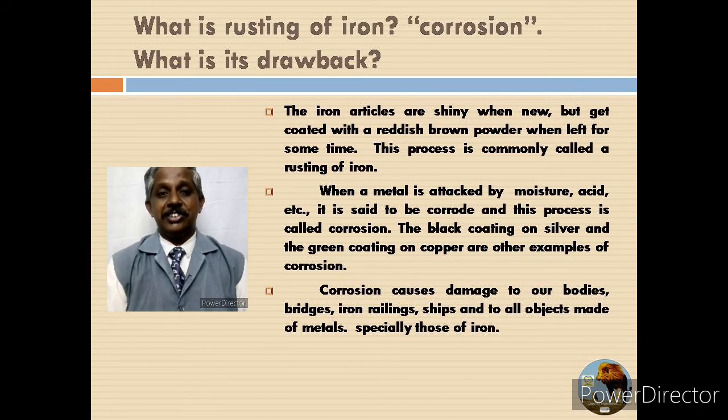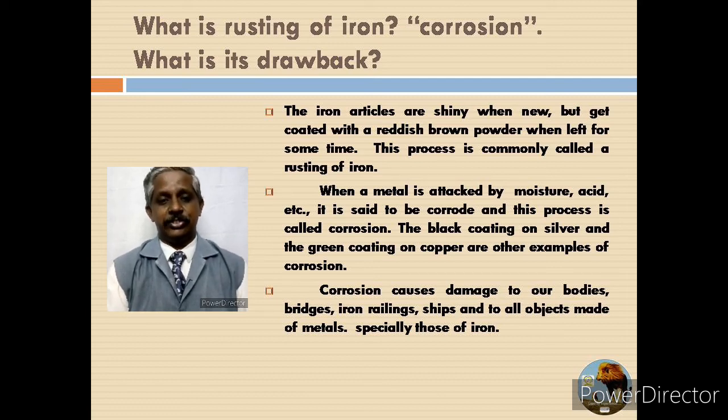Then what is rusting of iron or corrosion, and what is its drawback? Iron articles are shiny when new but get coated with a reddish brown powder when left for some time. This process is commonly called rusting of iron. When a metal is attacked by moisture, acid, etc., it is said to corrode, and this process is called corrosion.